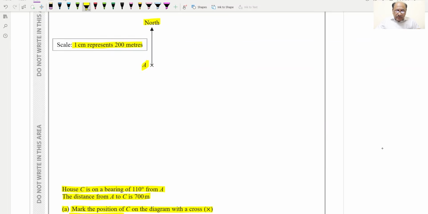So for a bearing of 110, we always take the angle from the north, measured clockwise, and this will be 110. So up to this point will be 90, but we need 110. Roughly, 110 will be this bearing, so we can write this as 110 degrees.